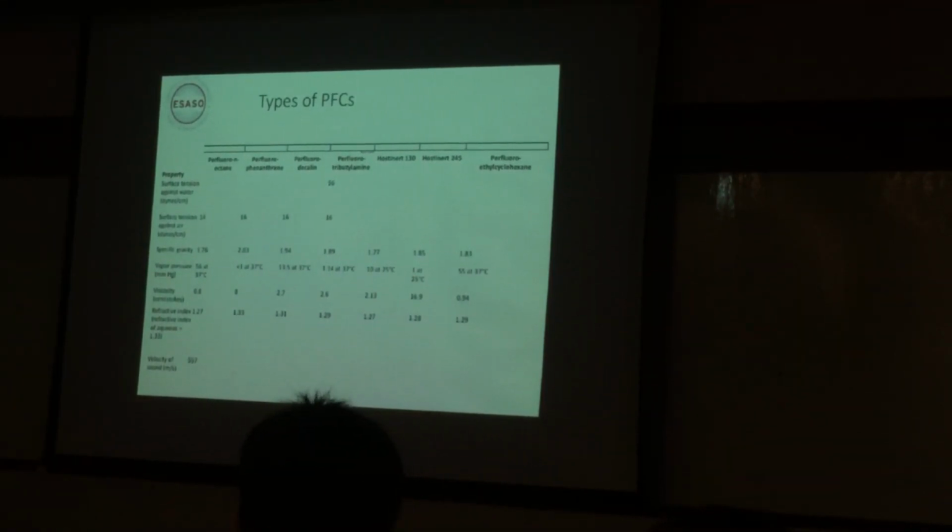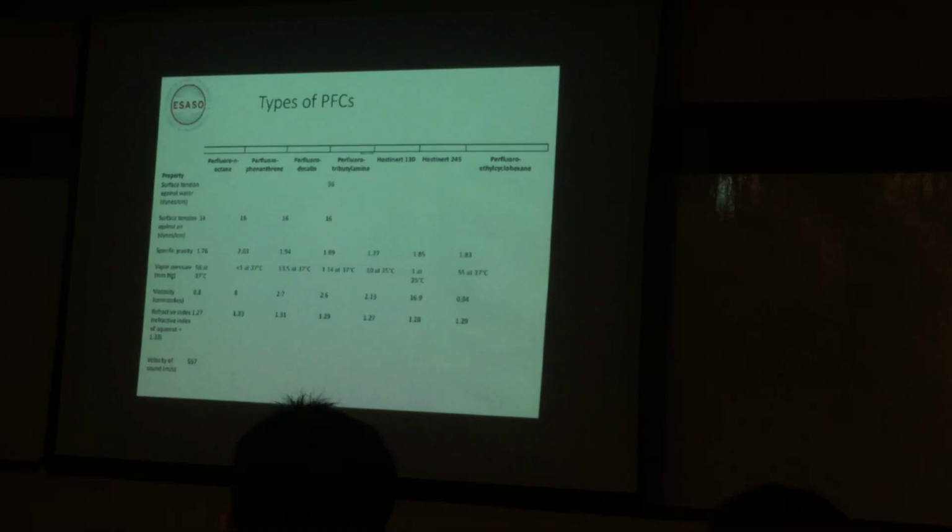All right, there are a few that have been used, but commercially it is probably down to only two. One is perfluoro-n-octane and the other is perfluorodecalin. These two are the more common, the ones that are commercially available now.